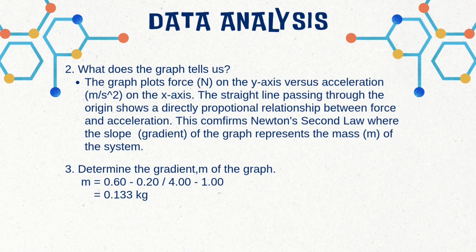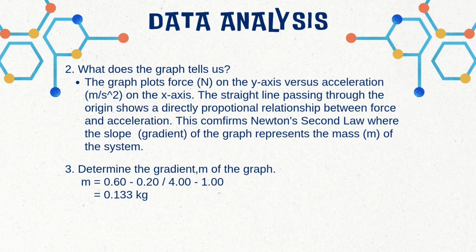The graph plots force on the y-axis versus acceleration on the x-axis. The straight line passing through the origin shows a directly proportional relationship between force and acceleration. This confirms Newton's second law, where the slope of the graph represents the mass of the system.